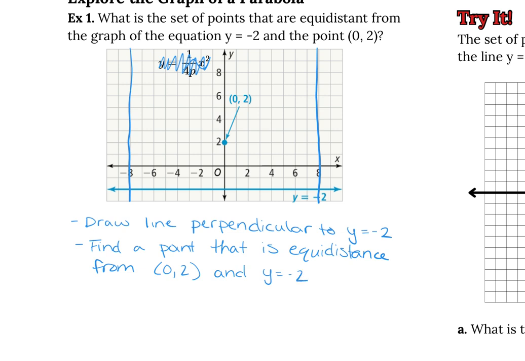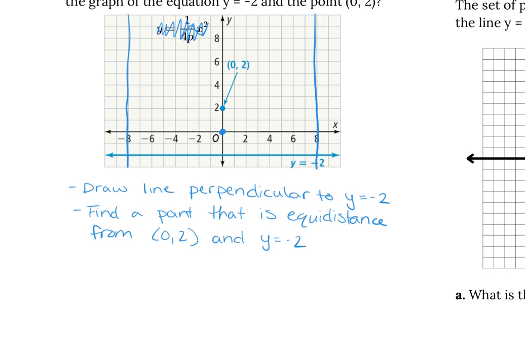If I'm looking for a point that is equidistant from (0, 2) and y equals -2, that point would be, for this one, at the origin. So this is 2 away from our point (0, 2) and also 2 away from y equals -2.